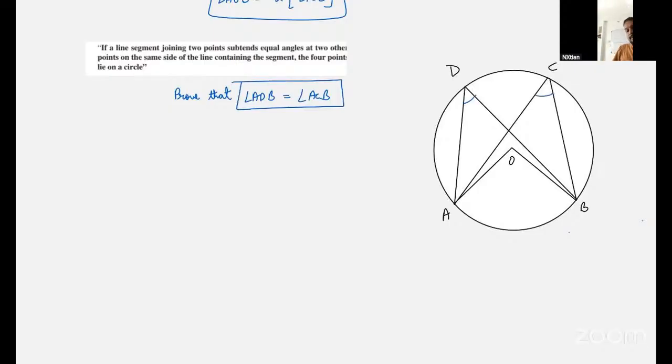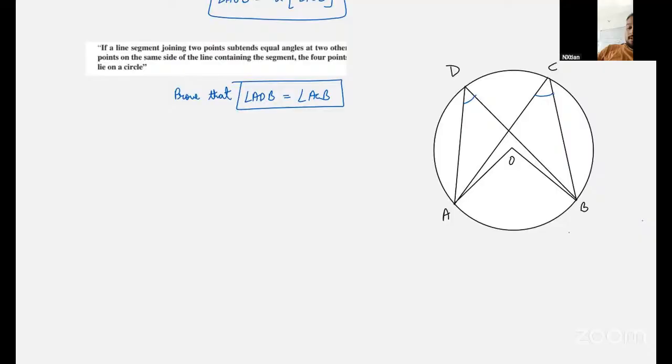Now, Agatha, how can we prove that? Any idea? Do we draw a line from the center O to make a diameter? No construction required.